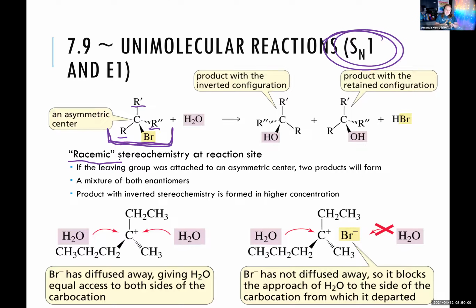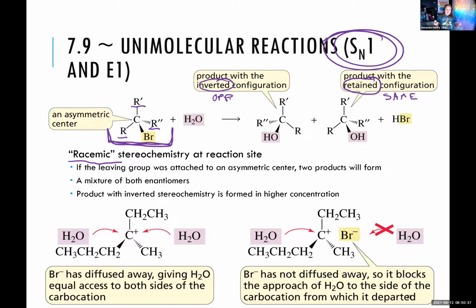When this reaction happens, it will be nearly equal. We're going to get 2 products. One is going to have the same stereochemistry that we started with. We call this the one that has the retained stereochemistry. So this one is the same as the starting one. And then we get the one that has the inverted stereochemistry. This is the one that will be opposite from however we started.